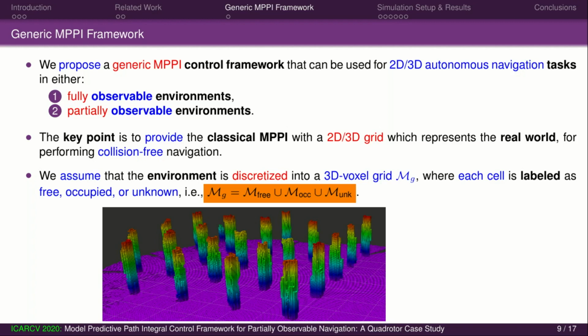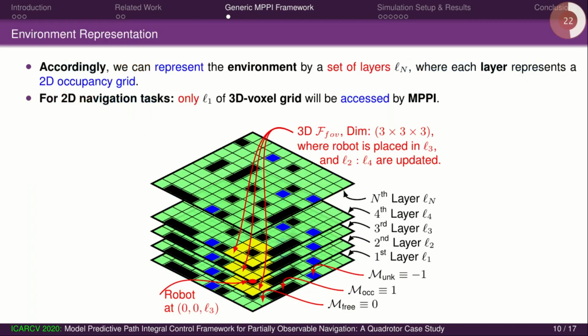Assuming that this environment is discretized in a 3D voxel grid where each cell is labeled as free, occupied, or unknown. One of the good examples in practice for acquiring the 3D voxel grid is OctoMap. So we can represent the environment by a set of layers where each layer represents a 2D occupancy grid.